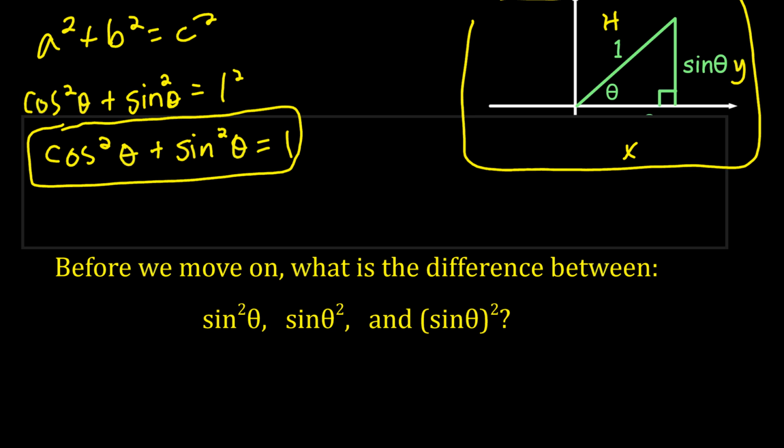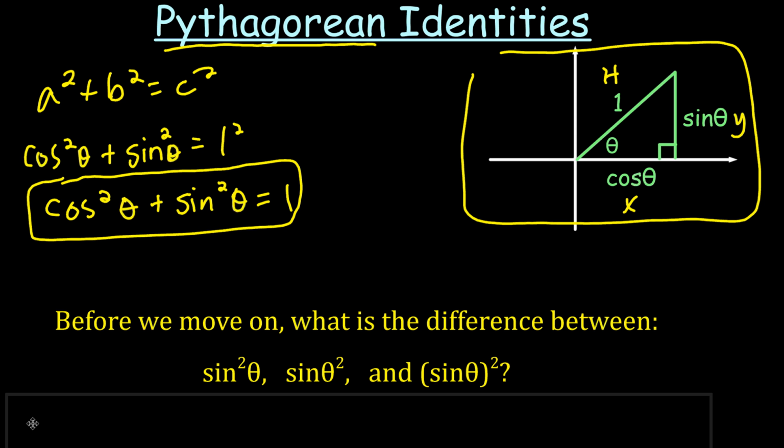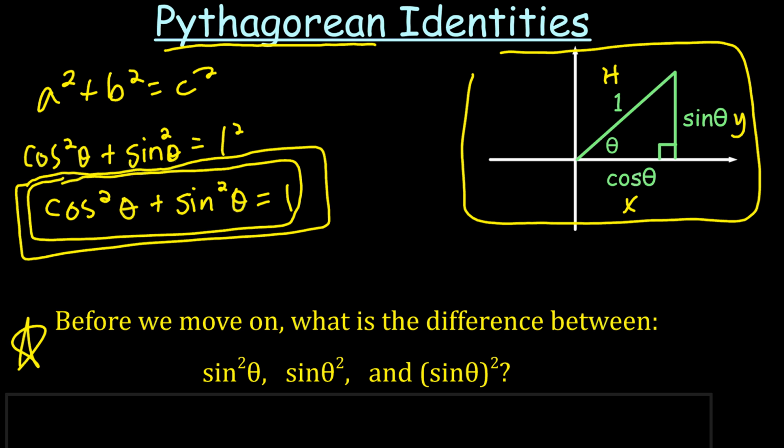If you didn't write down the identity, this is our first Pythagorean identity. We're going to write down 2 more in a little bit. We'll get back to that in a second. First, let's answer this question down here on the bottom. What's the difference between these 3?